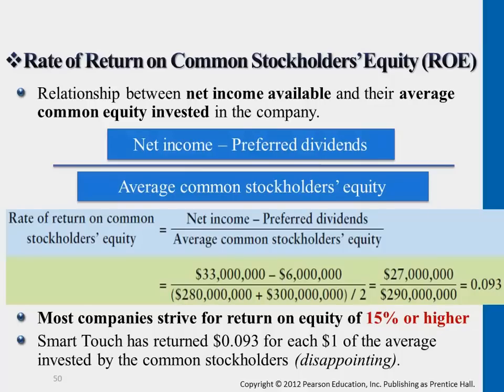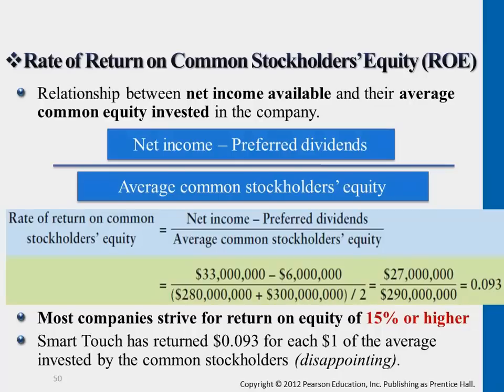Remember, in the previous ratio, net income also represented return to shareholders. For this part, we subtract any preferred dividends, as earlier when we were calculating the $6,000. So the numerator is the return specifically to common shareholders, and the denominator here is average common stockholders' equity.